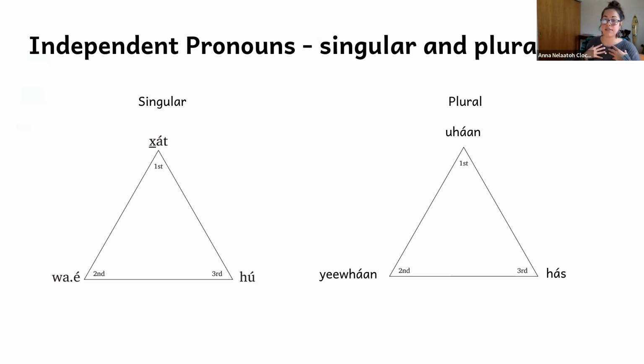So if there's me and a group of people that I'm with, or two or more people, the word for we would be, repeat after me, uhan. Uhan. I guess that would actually be us, if I'm thinking properly in English. Us would be uhan. So repeat after me one more time.